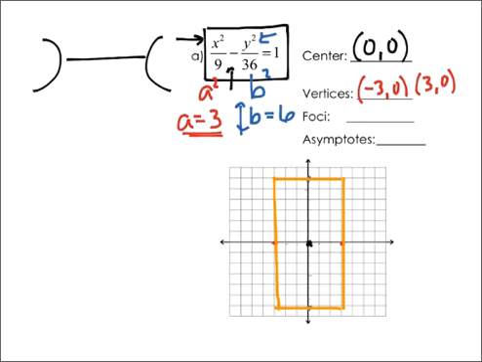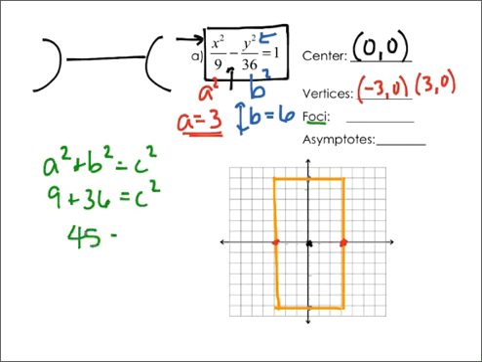Now remember, this hyperbola is going to open to the left and to the right. I need my foci. I'm going to find my foci by using the formula a squared plus b squared is equal to c squared. So 9 plus 36 is c squared. 9 plus 36 is 45. These are not necessarily going to be nice.